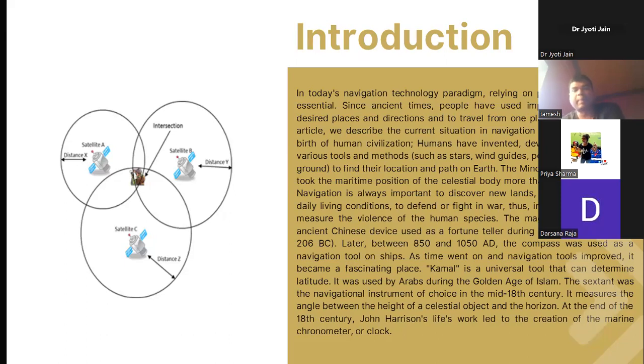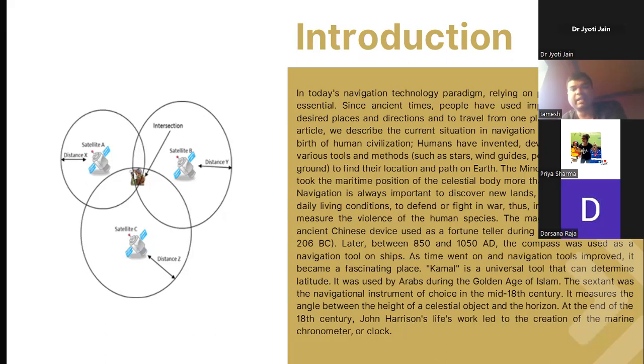Then Kamal came in the golden age of Islam, with the Arabs doing that. After the mid-8th century, the compass, the sextant, all the measuring tools were in use. In the 18th century, John Harrison's life's work led to the creation of the marine chronometer, or the clock, the finest work done in our history.